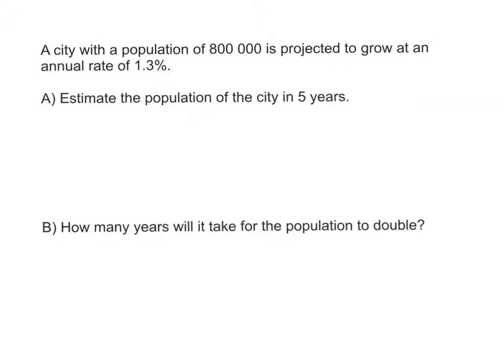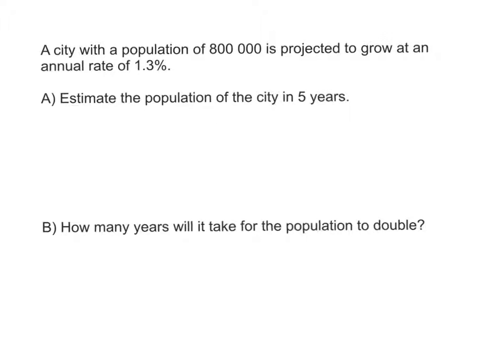Here's the next problem. A city with a population of 800,000 is projected to grow at an annual rate of 1.3%. Estimate the population of the city in 5 years. It's called an estimation not because we're guessing, but because it's not a sure thing, right?